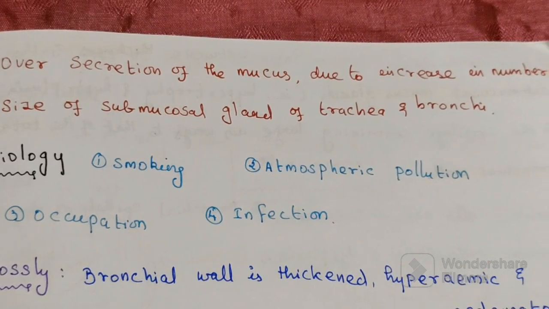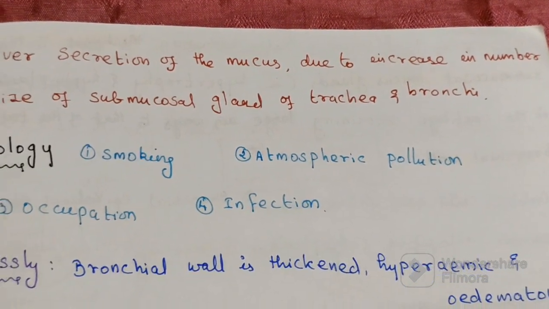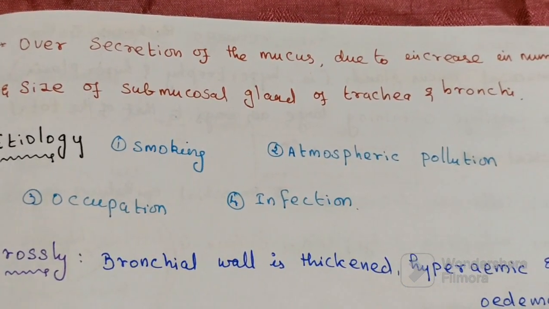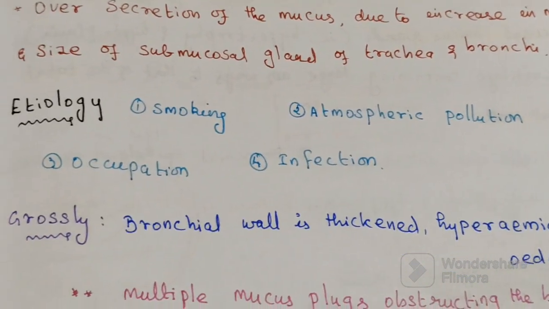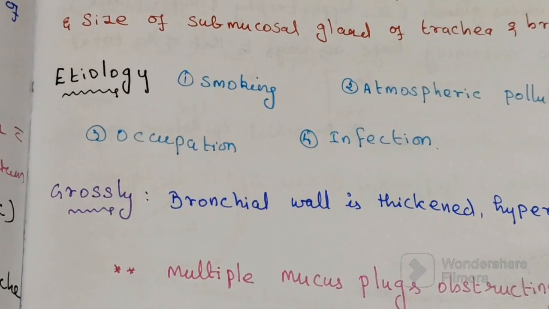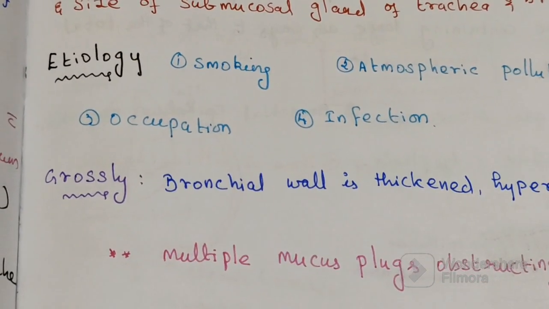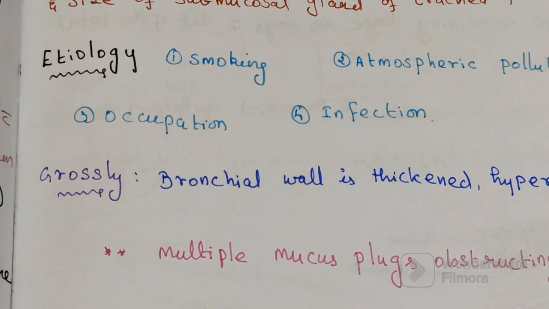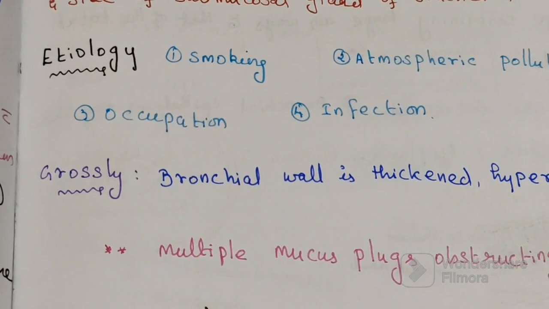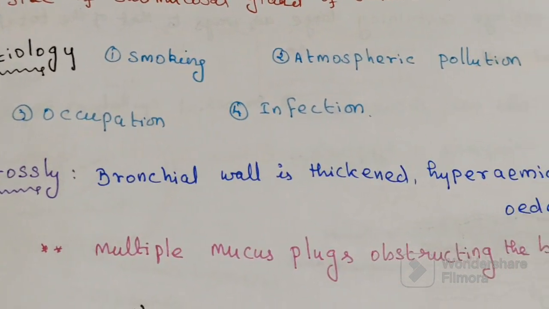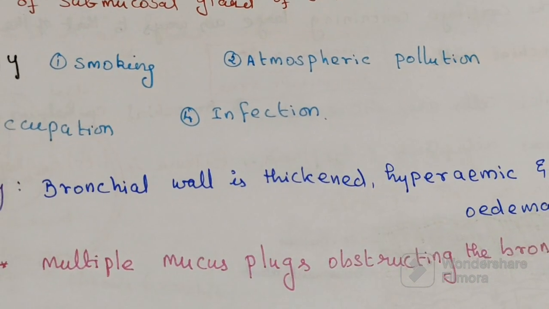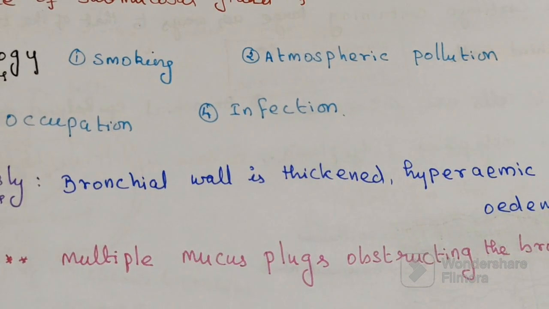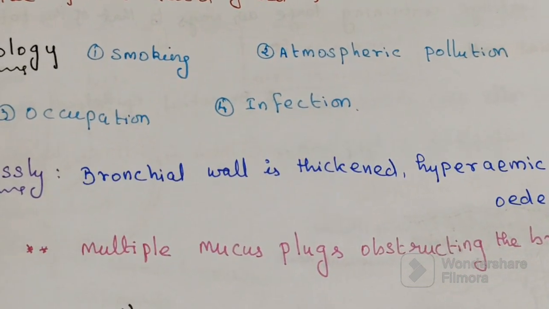So there is over secretion of mucus due to an increase in the number and size of the submucosal glands of the trachea and bronchi. Etiology: smoking. Apart from smoking, non-smokers can be affected due to atmospheric pollution, occupation, or infection.